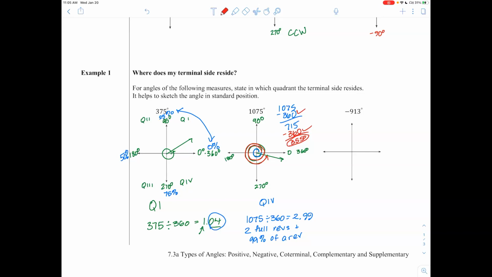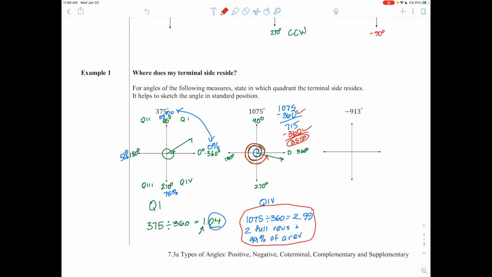So that's another way to go about that. I also talked about down here that if you divide 1075 by 360, that's 2.99. So that's 2 full revolutions plus 99% of a revolution. You can see that in an alternate way.